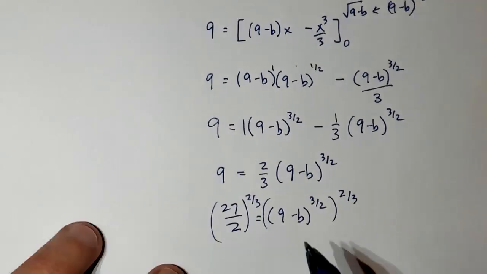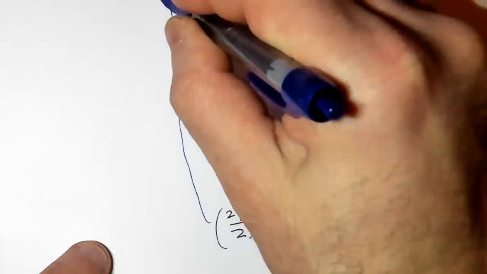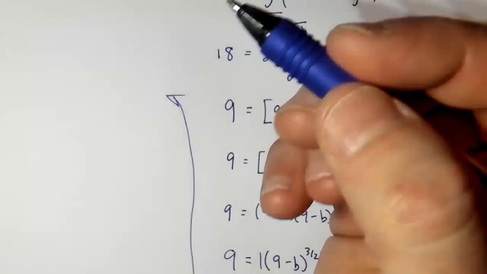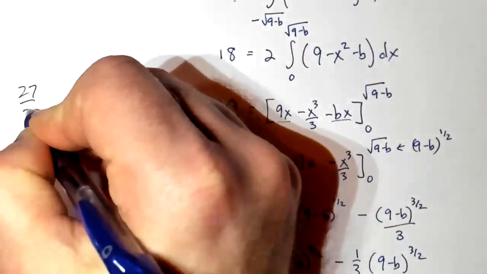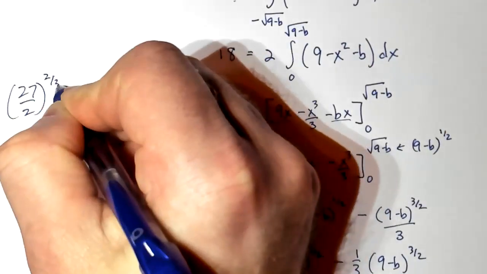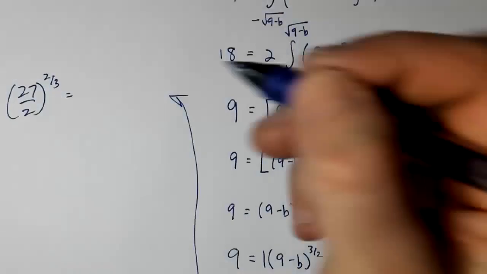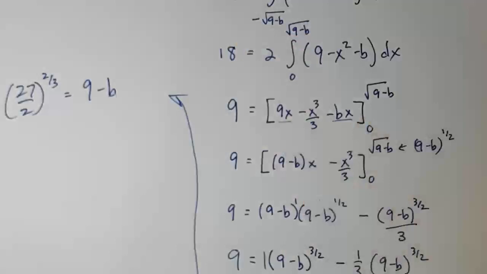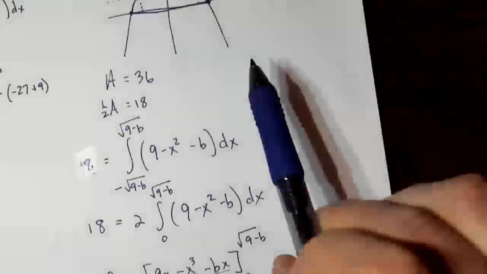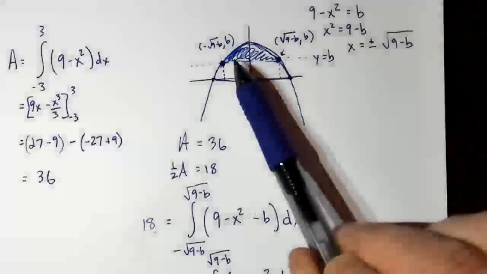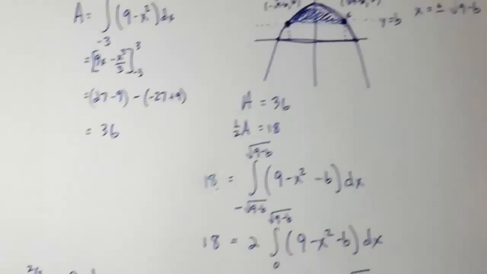So we're looking at 27 over 2 to the 2/3 equals 9 minus b. Remember, our goal here is to find the b value that gives us the horizontal line that bisects this area, right?